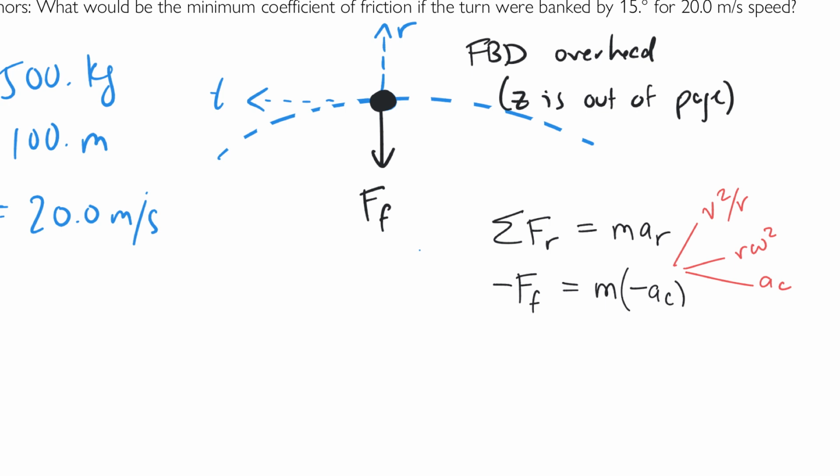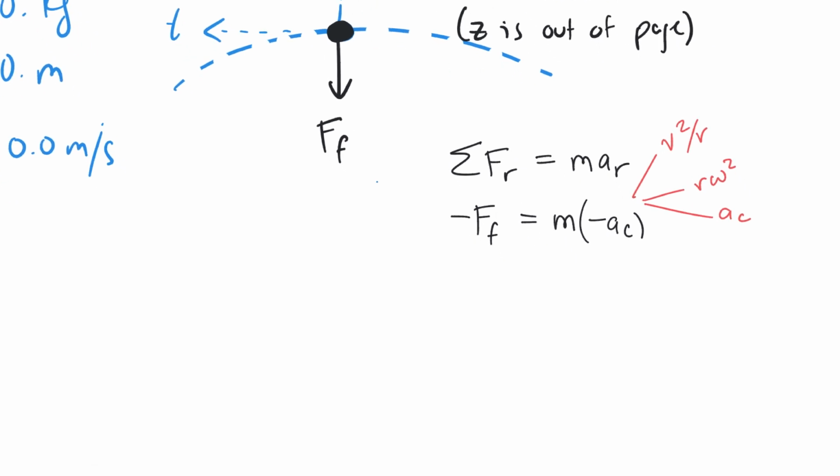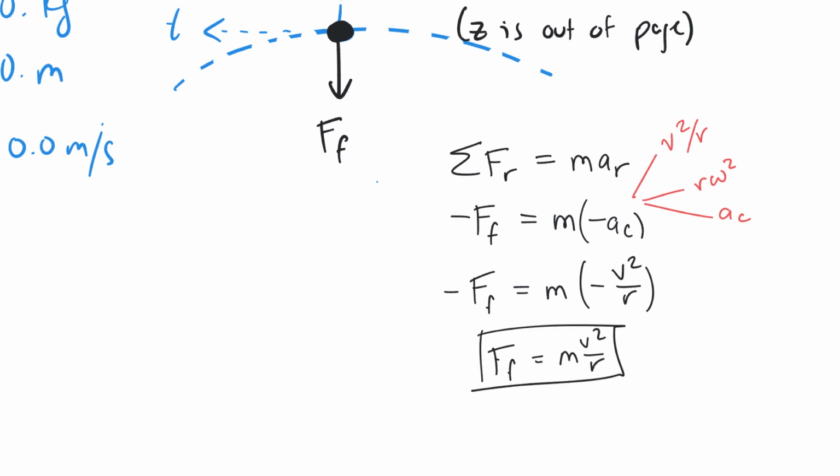Okay, so at this point, we're just going to start expanding. So the force of friction equals the mass times negative... In this case, they gave us the velocity and they gave us the radius. So I'm going to use v squared on r here. And we're going to rearrange and solve this. Okay, and I'm going to box that because that's the answer right there, essentially.